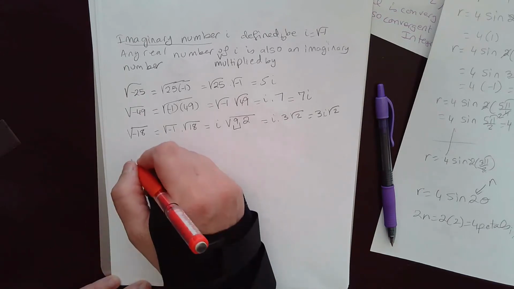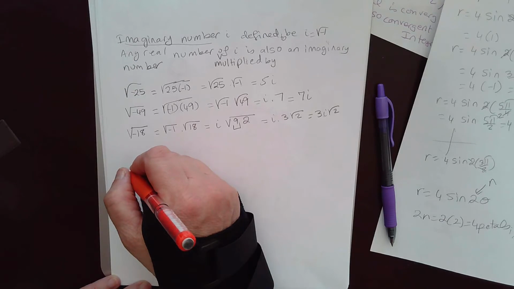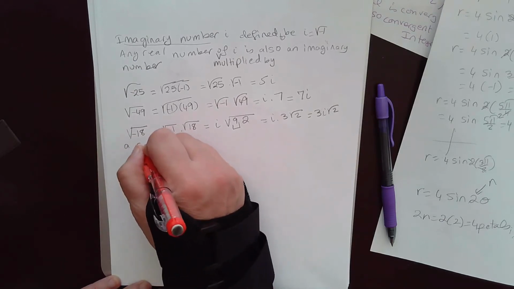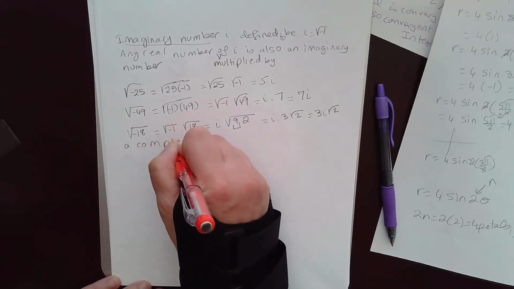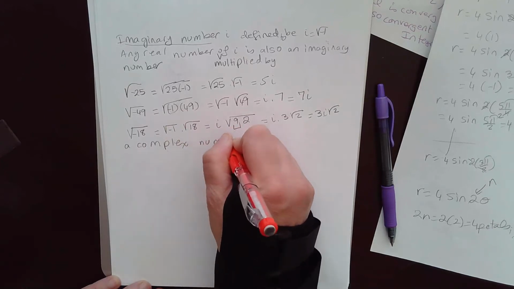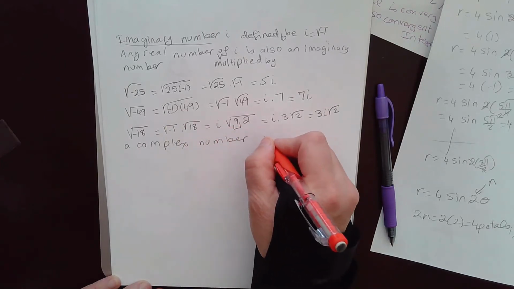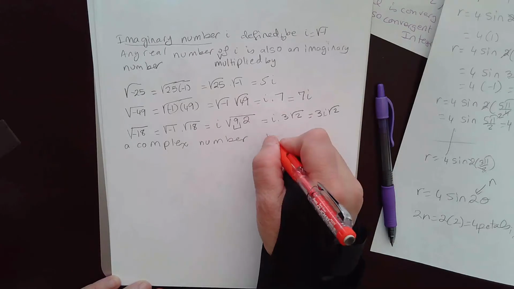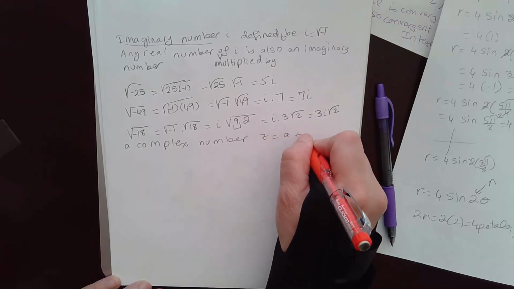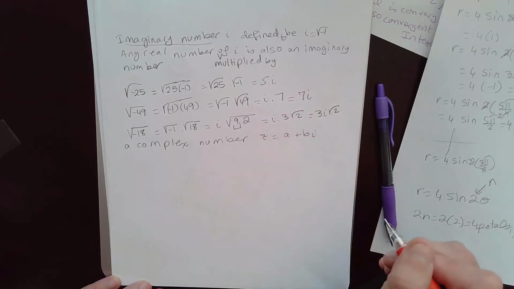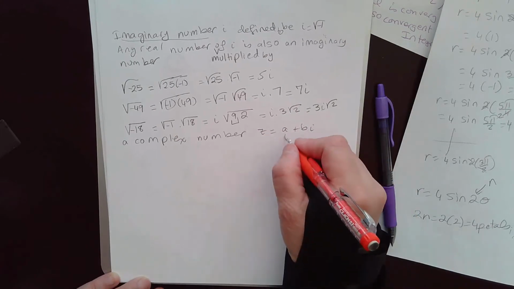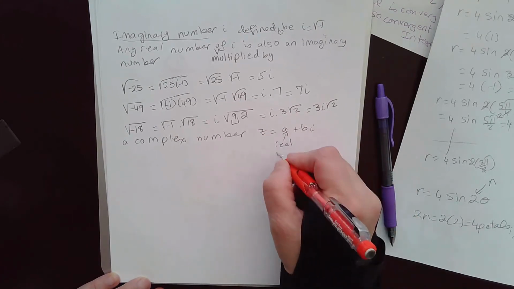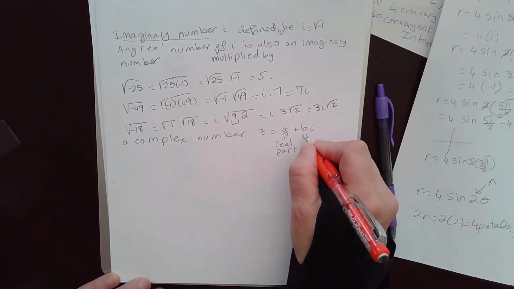So a complex number can be written as z equals a plus bi, where a is the real part and b is the imaginary part.